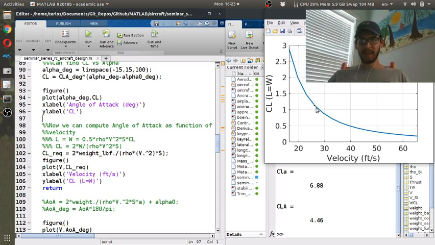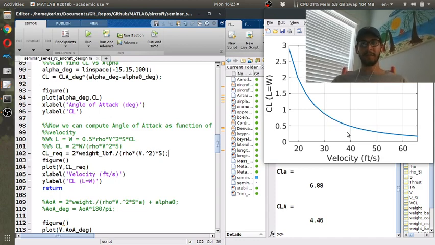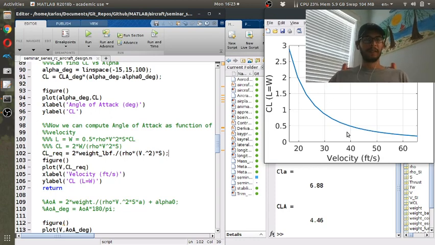So this aircraft weighs a lot and there's not a lot of wing area, right? So I need to be flying really fast. My thrust to weight ratio is 0.8, so I might need to throw some landing gear on this thing. I don't know if I'm going to be able to hand launch this aircraft. It's also possible I overestimated the weight, and once I build it, that won't actually happen.